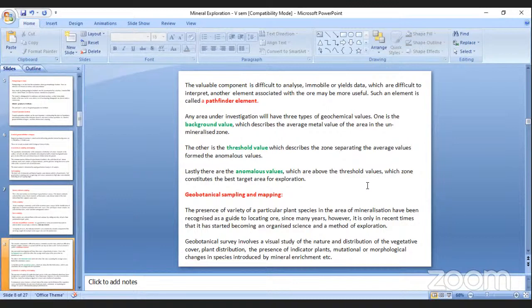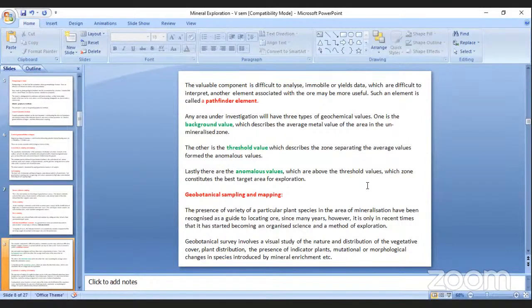For example, if you have analyzed uranium or thorium, suppose you get 4 ppm. The 4 ppm is the cutoff point, or the normal background value, in a granitic terrain. Or the normal background value of uranium in soils is considered 1 ppm, in sedimentary formations 1 ppm, and in dikes 1 ppm.